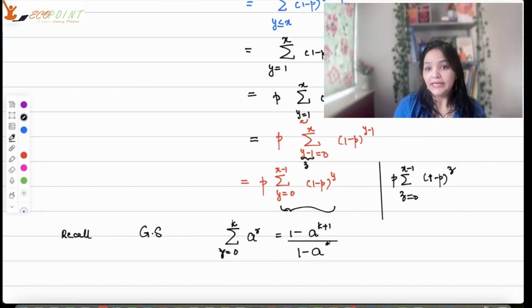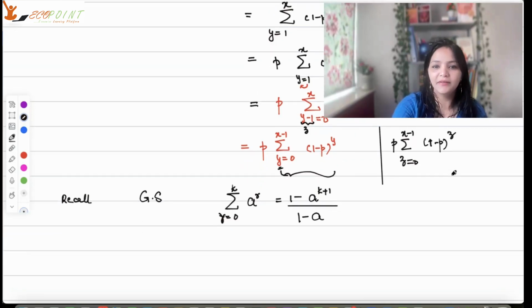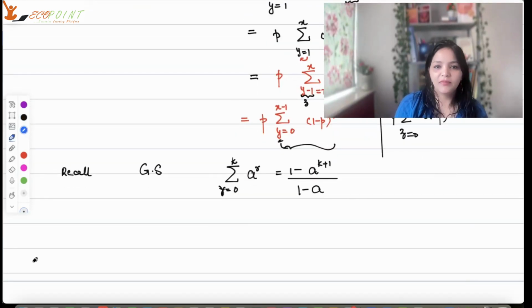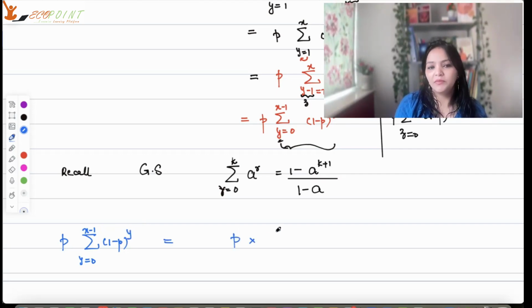That's what you get. That's the reason why the variable, whether you take y here or z here, will not matter, because ultimately, in our sum, what we had was p times the summation for y equal to 0 to x minus 1 of (1 minus p) to the power y. This sum is p multiplied by 1 minus, your a is 1 minus p, to the power k plus 1, that will be x minus 1 plus 1, upon 1 minus (1 minus p).